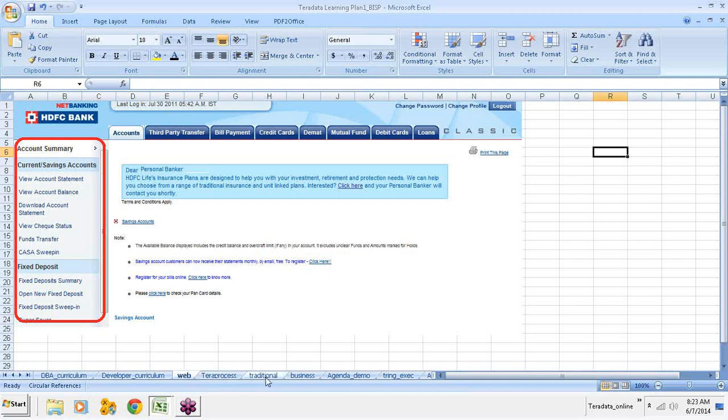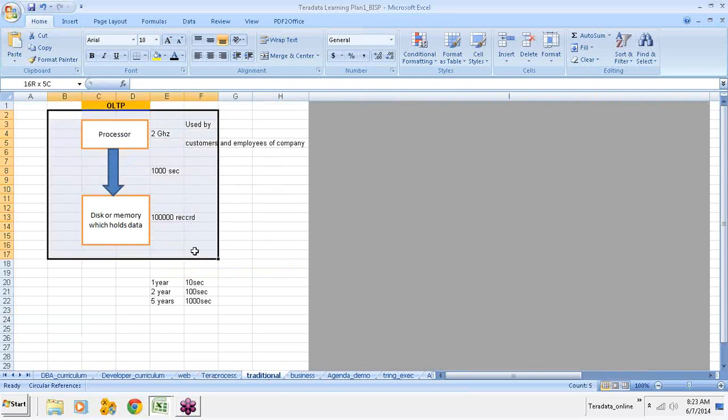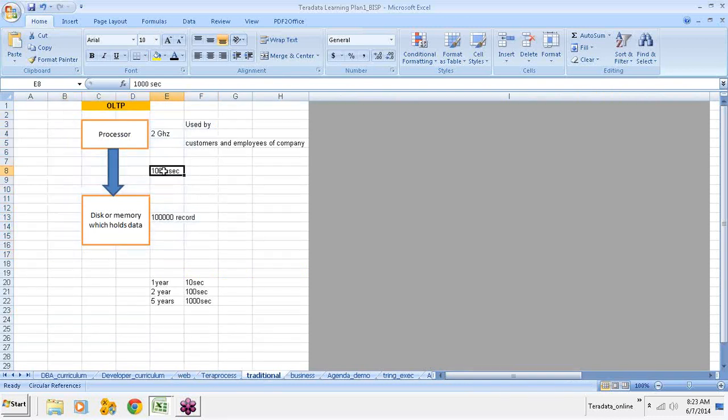It will get into losses, right? The revenue loss. Revenue loss is the biggest impact for any organization. So this bank, which we consider as a sample, would also get a revenue loss if they don't take any solution here to decrease the processing time. So what is the solution here?